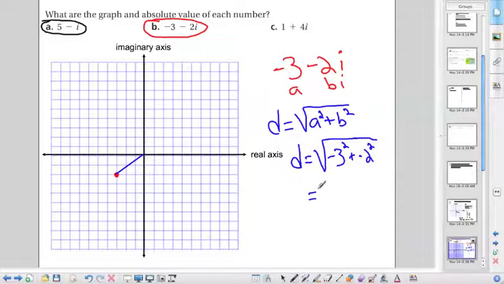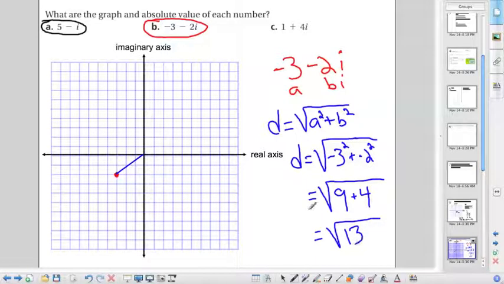Simplifying, we get negative 9. Oh, I'm sorry, it's positive 9 plus 4, which simplifies down to square root 13. So the distance for B is square root 13.